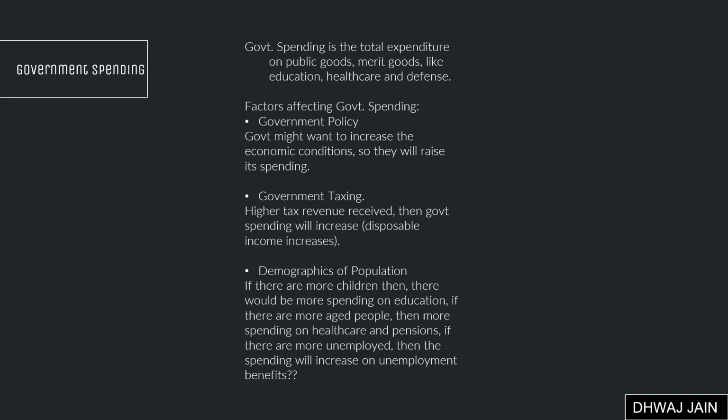Country Y will have to spend 40% of its government spending on its aged people, and country Z would have to spend at least 55% on unemployed people for unemployment benefits. Which is really sad. That shouldn't be the case.